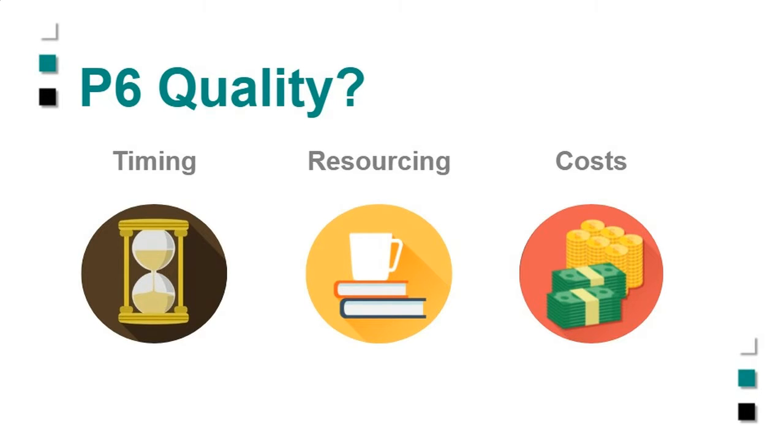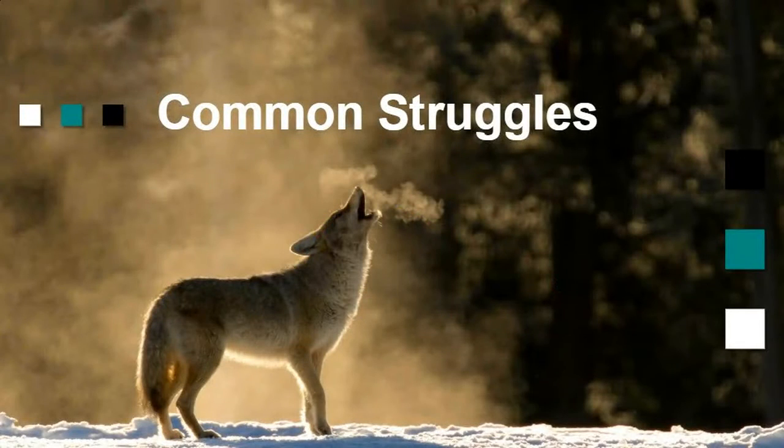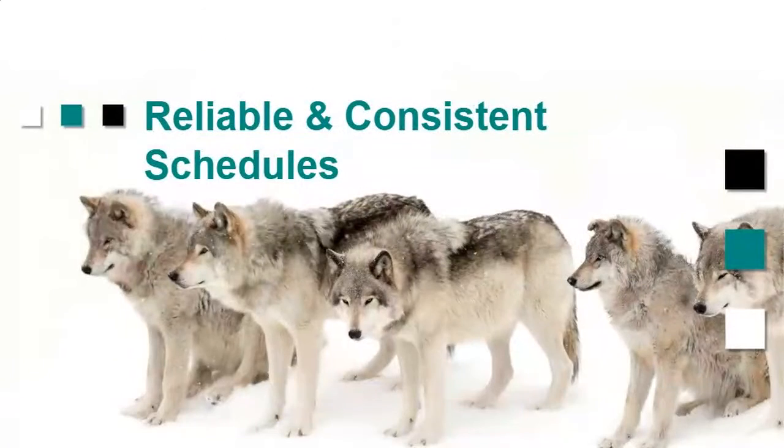Now, some of the common struggles we face when trying to put together good schedules are that we have different people with different ideas of what reliable and consistent schedules actually look like. To me, the key thing is that the schedule is easy to use, easy to understand, and helps you forecast who you need where to achieve the deliverables.